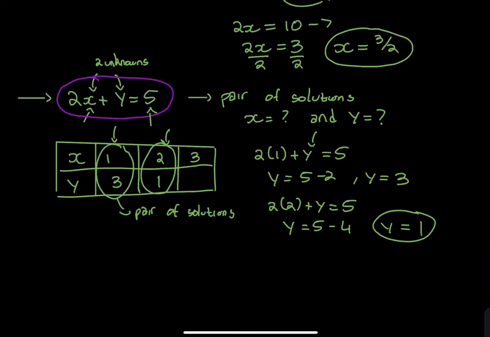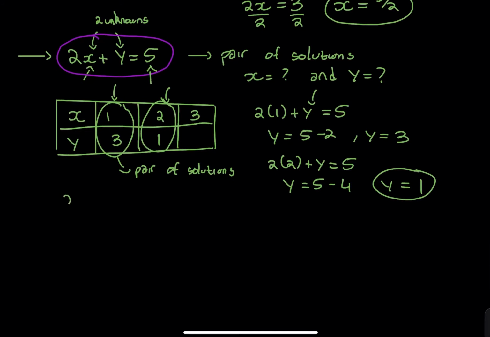Now let's plug in 3. You get 2 times 3 plus y is equal to 5, so y is equal to 5 minus 2 times 3, which is 6, and therefore y is equal to -1.